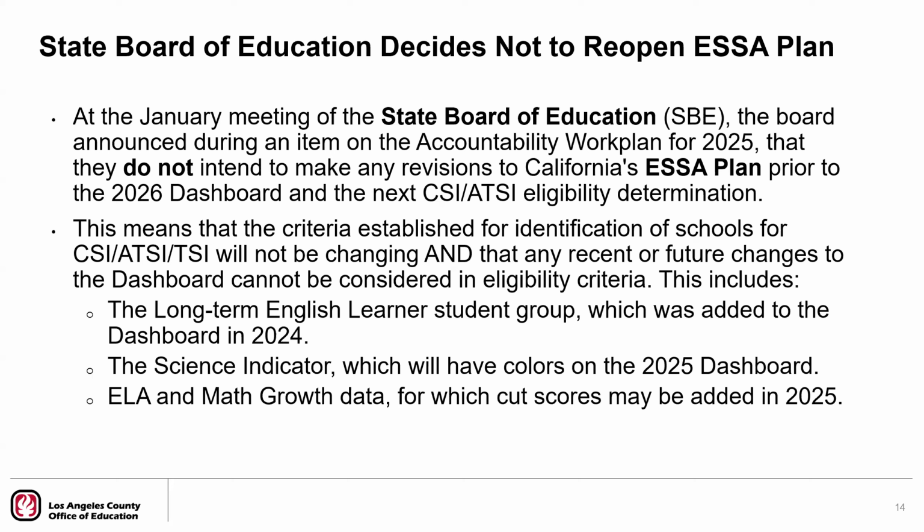Additionally, the science indicator, we expect by the next dashboard, they will have colors established. That will not be included in the identification for any of the ESSA categories. And finally, the ELA and math growth data, which is new this year, if the state board decides they want to use that for some form of accountability, it would only be for state accountability, not for federal accountability.